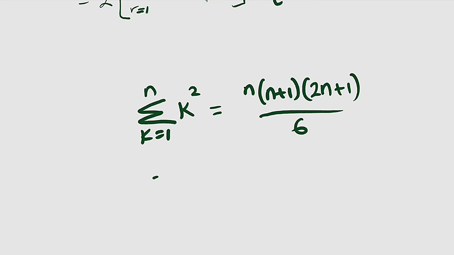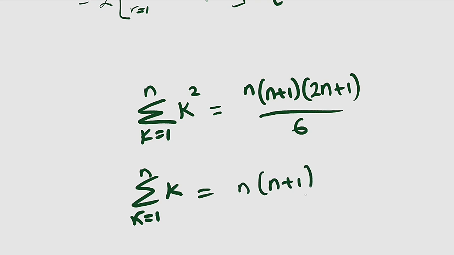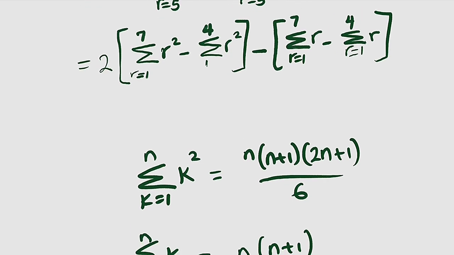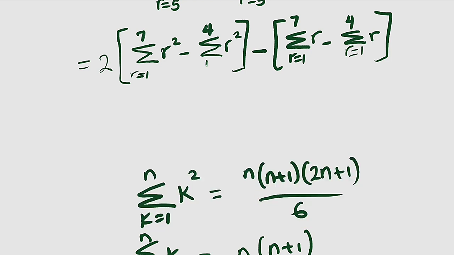But if it is just k, for which k begins with 1 and stops at n, this is equal to n multiplied by n plus 1 divided by 2. So now let us substitute everything here, for which our n is 7 here, and our n is what? 4 here. So let's do that.